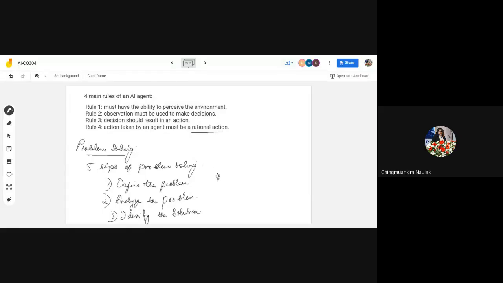The fourth step is you choose the solution. The fifth is implementation.